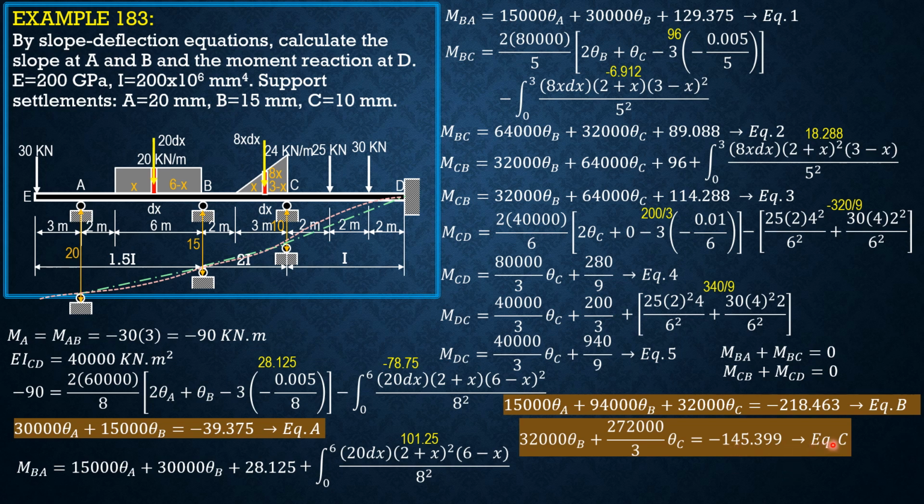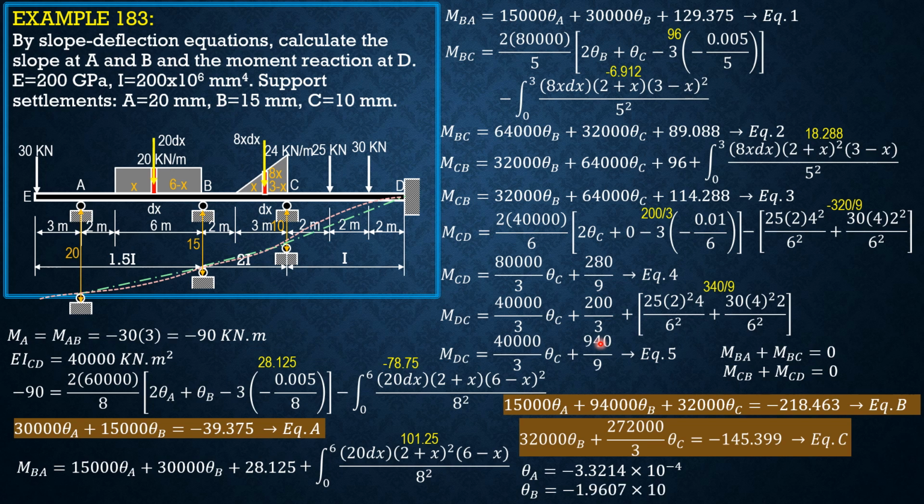So call that equation C. So solving equations A, B, and C simultaneously using your calculator, theta A is negative 3.3214 times 10 to the negative 4 radians, which is the same answer as that of the 3-moment equations.